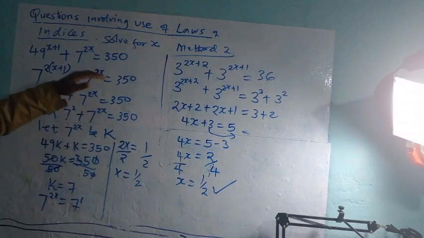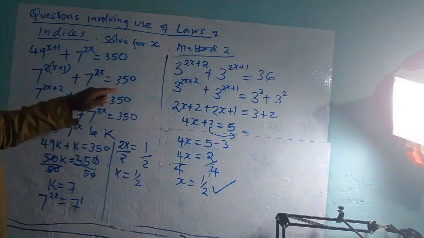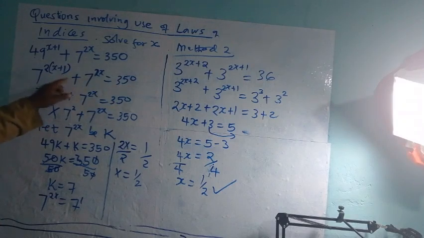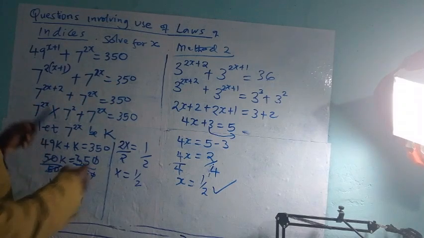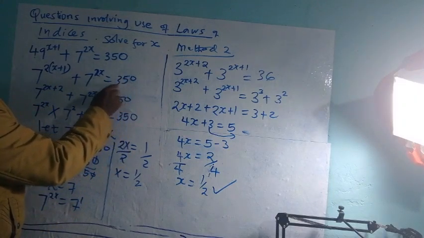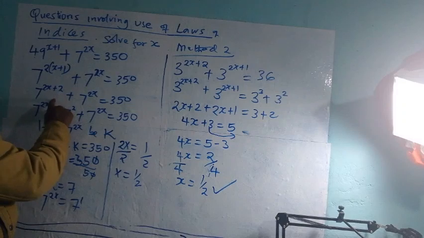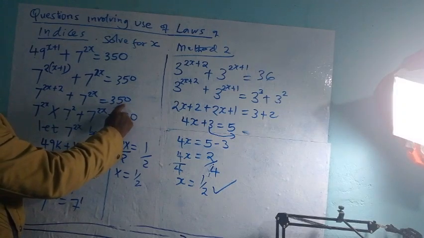If you want to use method 2 here, you need to write this to base 7. The only thing you're going to change is to write this one, 350, in the powers of 7.